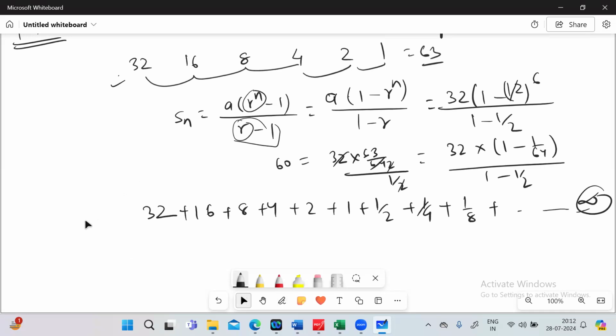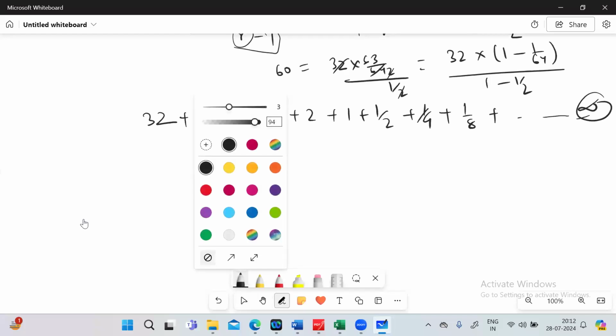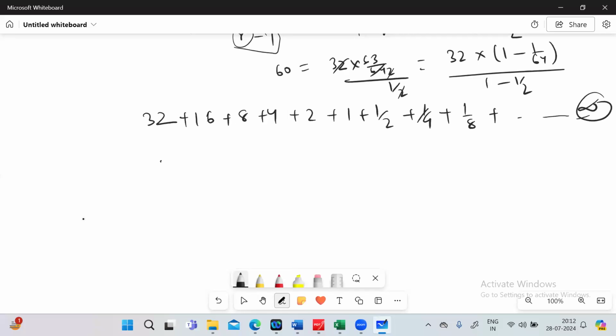So if you want to calculate the sum, I'll use the same formula, but it will get simplified because of this infinity. So S infinity, if R is less than 1 and greater than 0, is A into 1 minus R to the power infinity divided by 1 minus R. And I know if it is a fractional number less than 1, the infinite power of any fraction will give you 0 or near to 0.